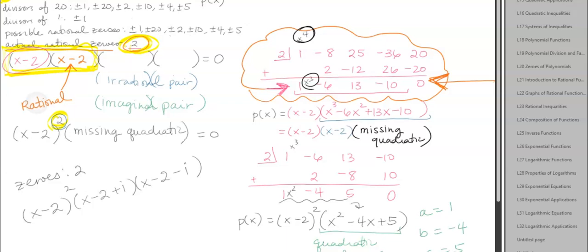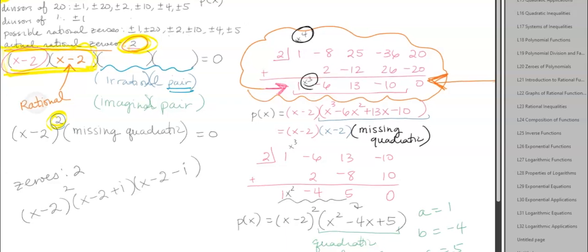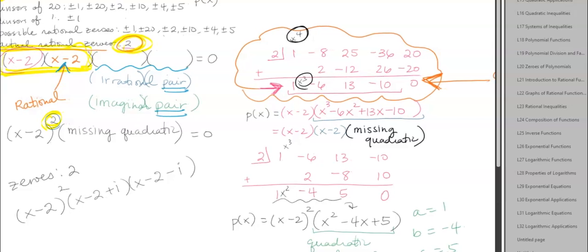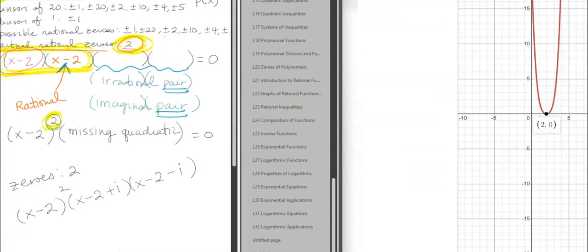Because the other 2 things that you're missing come in a pair, so they couldn't account for this third one right here too. And remember, that can be confirmed on the graph, because when you see the graph come into that 0 at 2 and only touch the x-axis, that automatically implies that this factor has an even multiplicity.